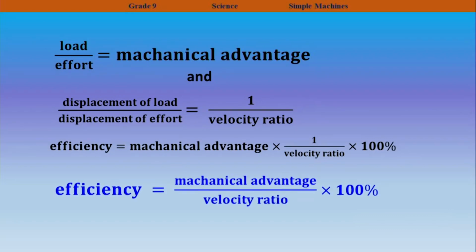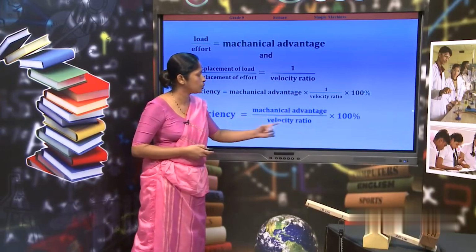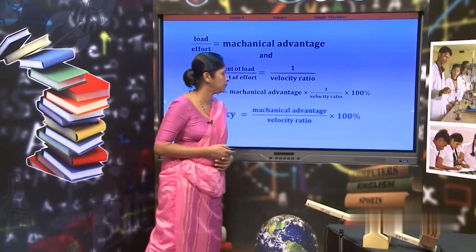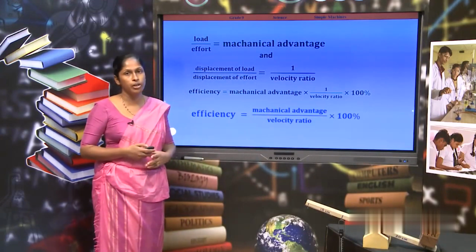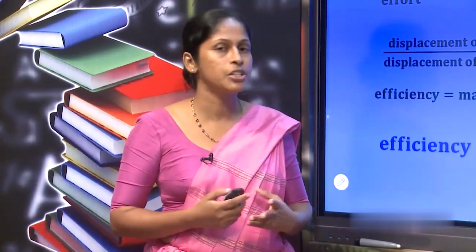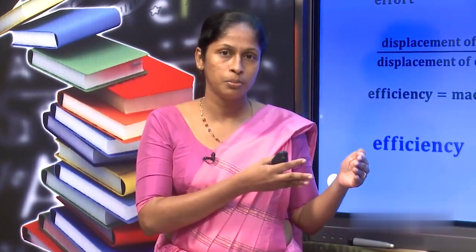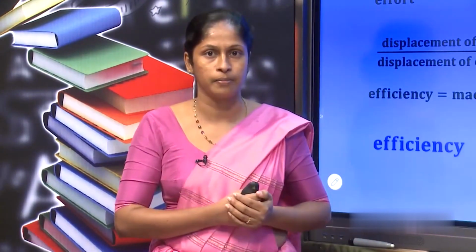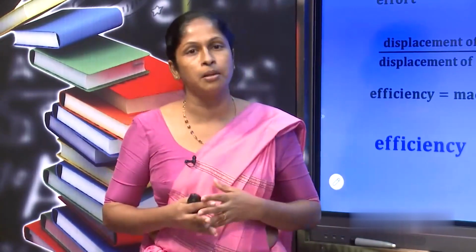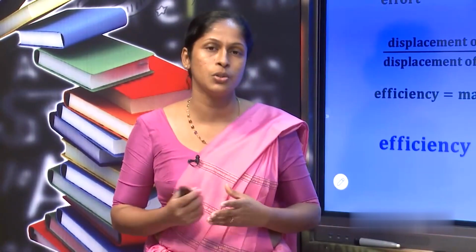Finally, we got another equation to calculate efficiency: mechanical advantage divided by velocity ratio times 100. Now, I think you can remember two equations. One, efficiency can be calculated as work output divided by work input times 100. In another way, efficiency can be calculated by mechanical advantage divided by velocity ratio times 100.